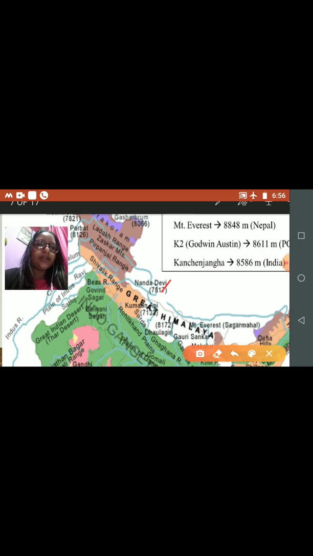Of these mountains, Mount Everest, the highest mountain of the world, and Dhaulagiri lie in Nepal. Kanchenjunga lies partly in Nepal and partly in India, in Sikkim, and Nanga Parbat lies in Pakistan.